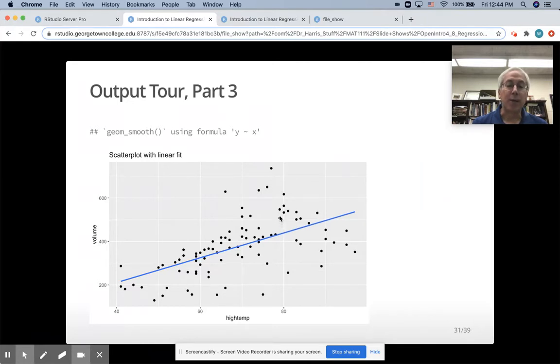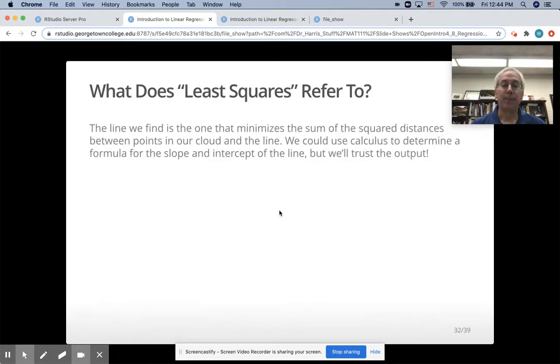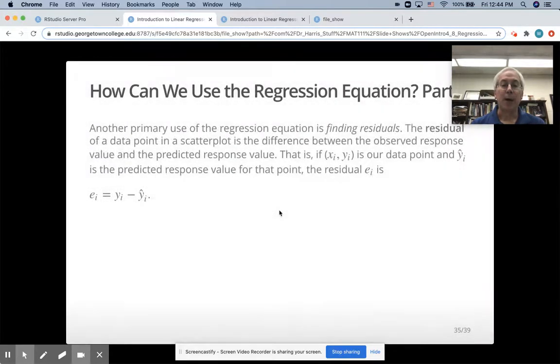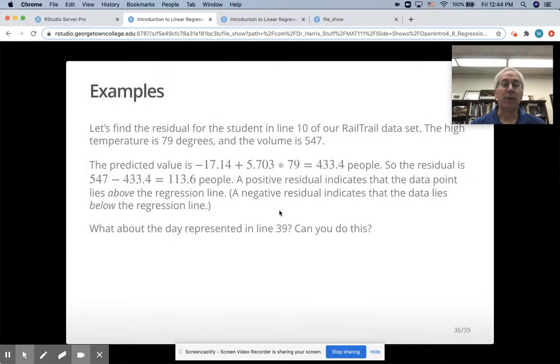So we're talking about a difference of about 113 between the point on the regression line and the point in the scatter plot. A positive residual lies above the regression line. A negative residual lies below.